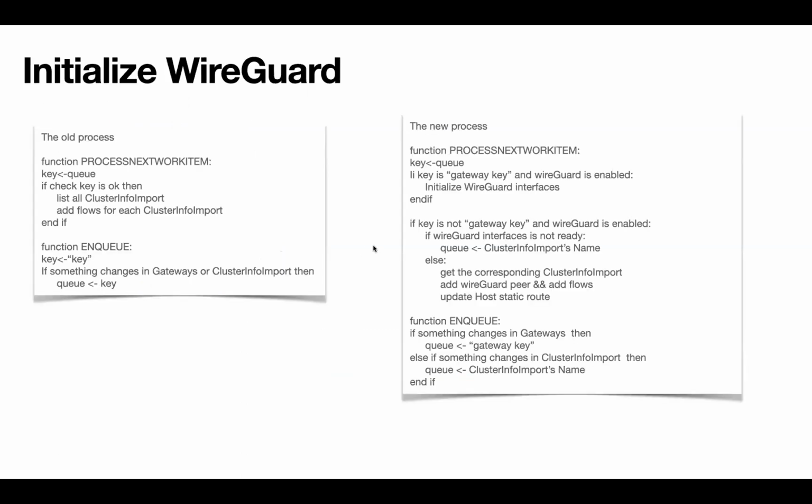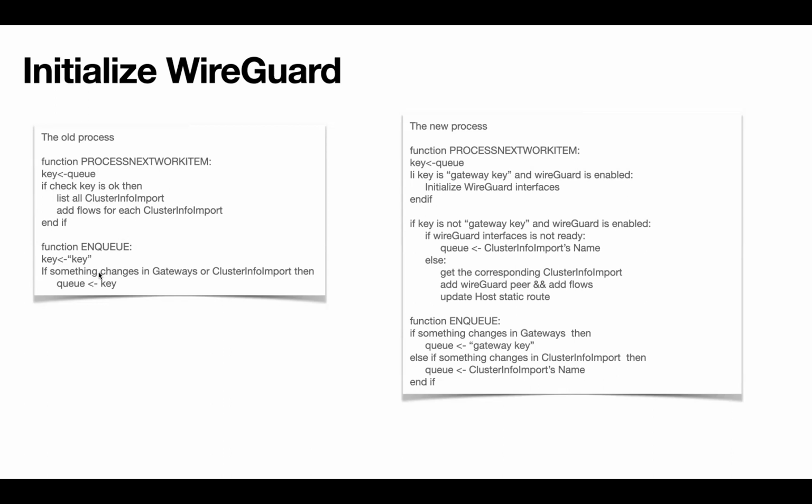This is the detailed design to init WireGuard. In the current process, we just use a dummy key in the rate limited queue.